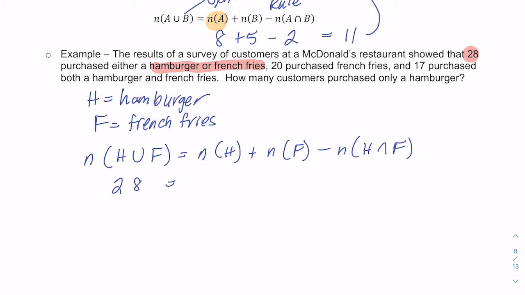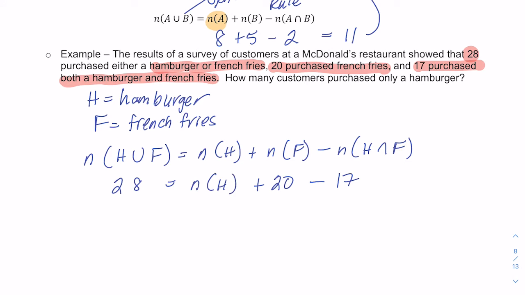20 purchased French fries, so I know that I'm going to have 20 for the number of people that purchased French fries. And it says 17 purchased both hamburgers and French fries. So I need to subtract the 17 away from the people who ate French fries or the people who ate hamburgers. Otherwise, I would count them twice.